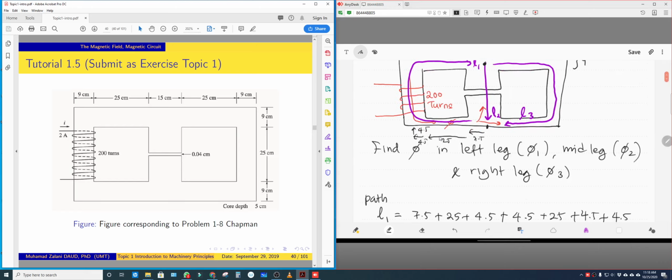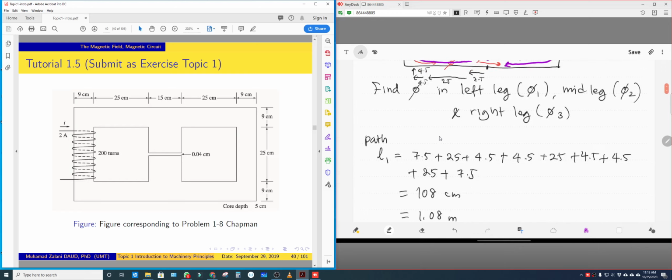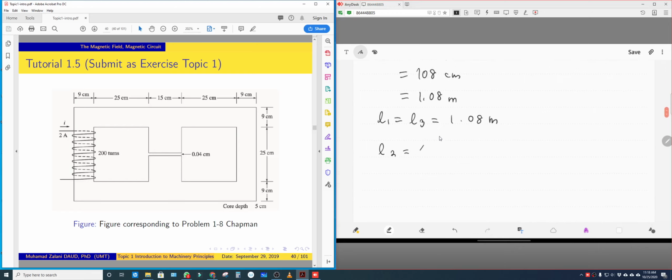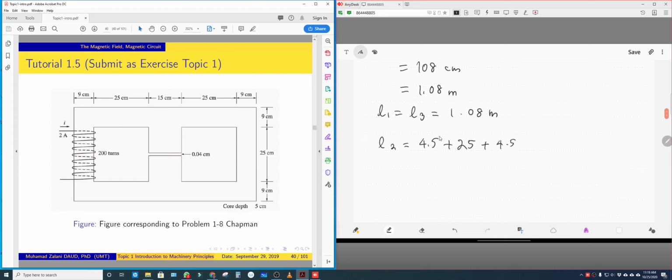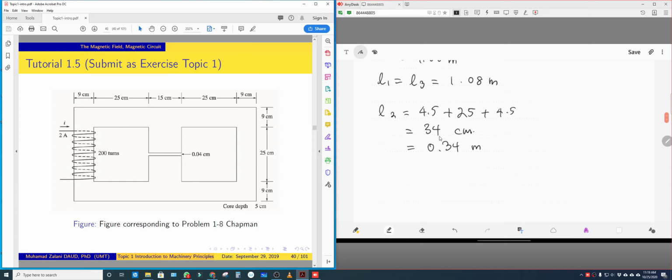So 4.5 tambah 25 tambah 4.5. 4.5 plus 25 mid leg plus 4.5. Okay, then in meter 0.34, right?